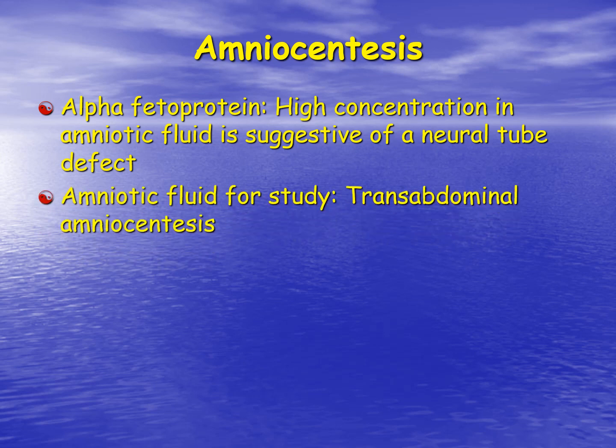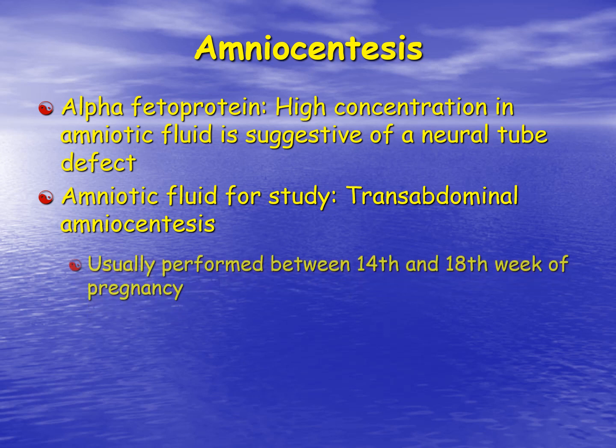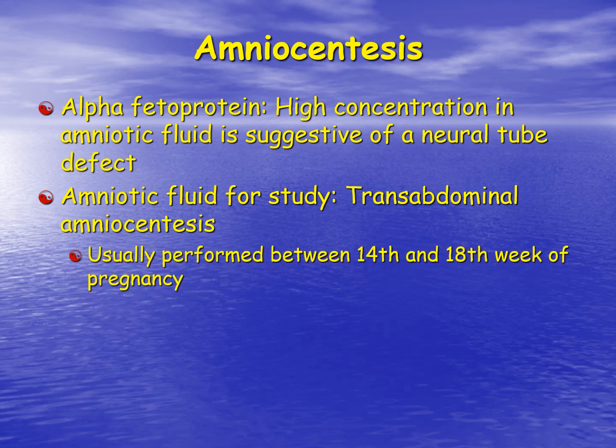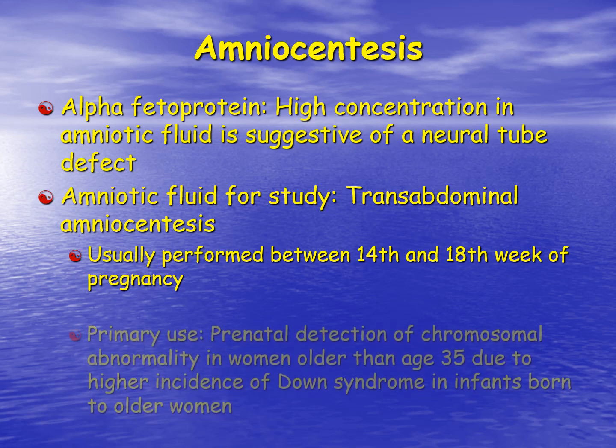How do we take amniotic fluid? Well, we do it by doing a transabdominal amniocentesis under ultrasound guidance. Usually this is performed between the 14th and 18th week of pregnancy. The reason for this is the amniotic cavity with the fluid and the fetus is actually fairly large, and so we've got a lot of space between the actual developing fetus and the amniotic sac itself.